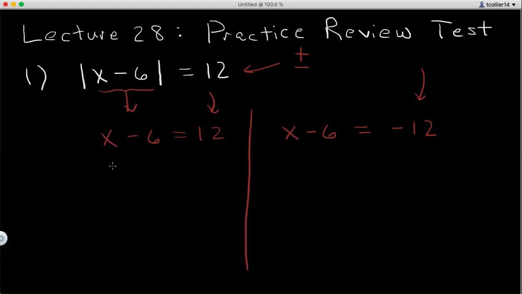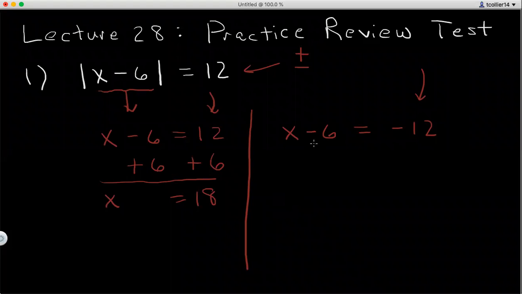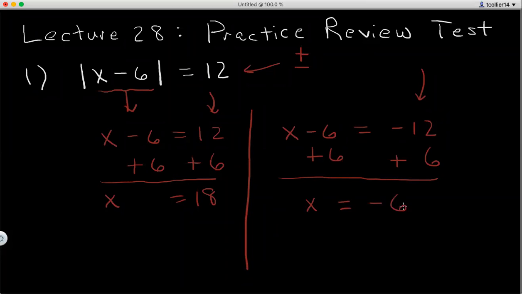Okay, so I'm going to add 6 to both sides, and I get x equals 18. That'll be my first answer. And then over here, I can add 6 to both sides, and when I do that, I get x equals negative 6.